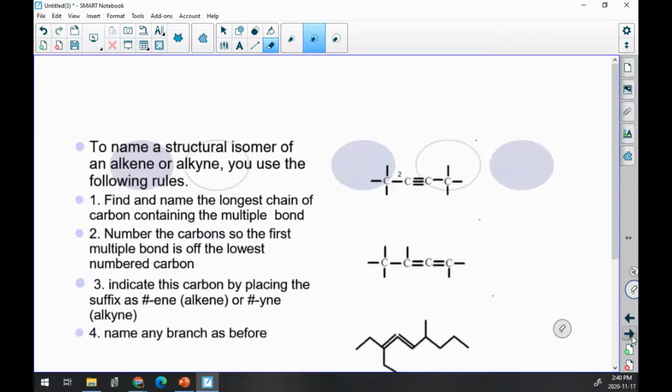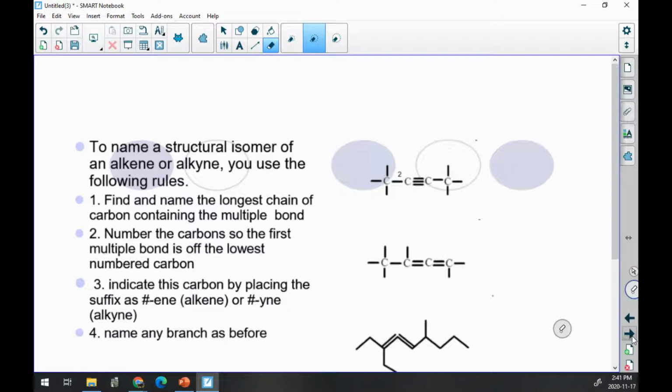The naming of these is built upon the naming of the alkanes. We name very similarly. Okay, so what's the prefix, Rory, for one carbon? Meth. Sean, what's it for 2?